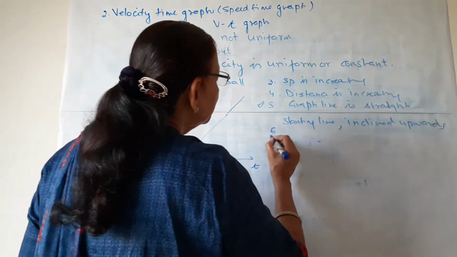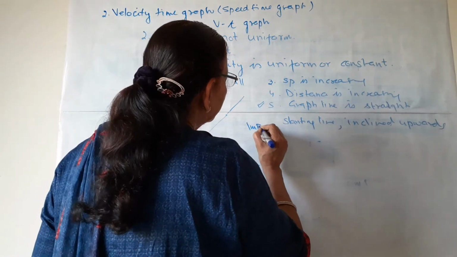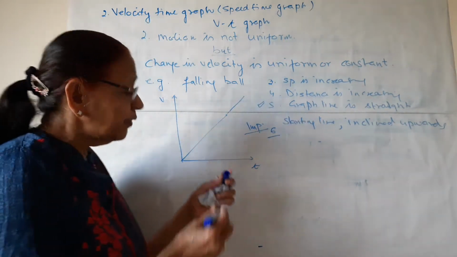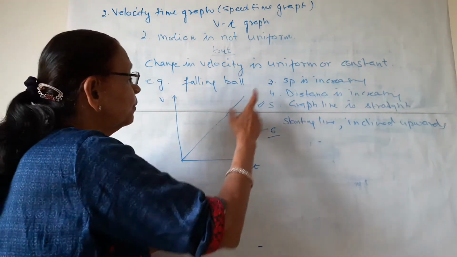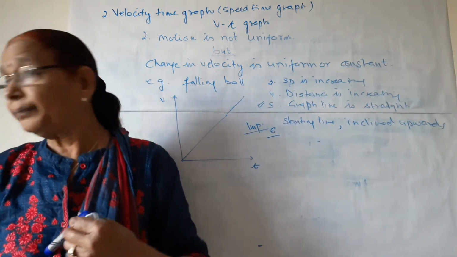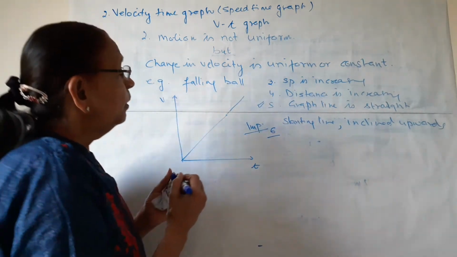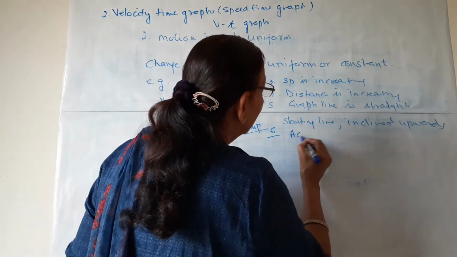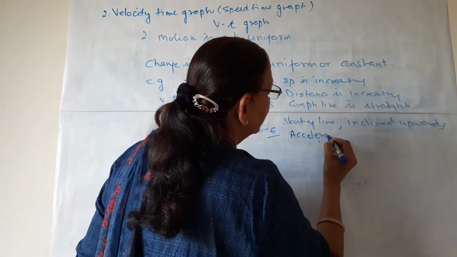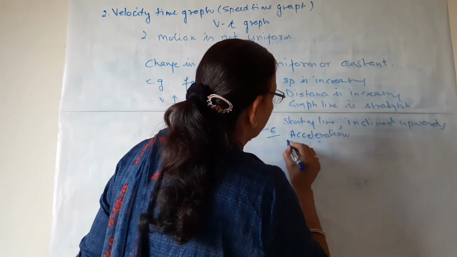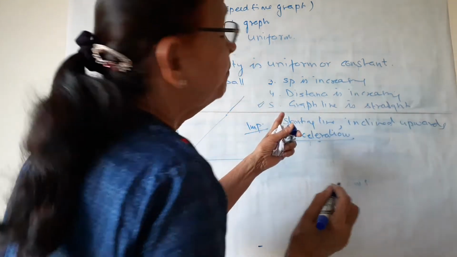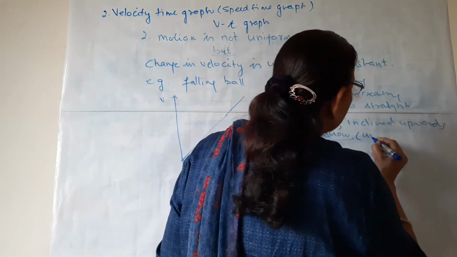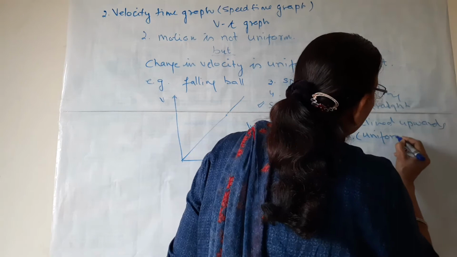Now the most important point is what this graph line is showing. Which physical quantity is shown by this graph line? The quantity which is shown by this graph line is acceleration. So this type of motion it shows, and this acceleration is uniform.